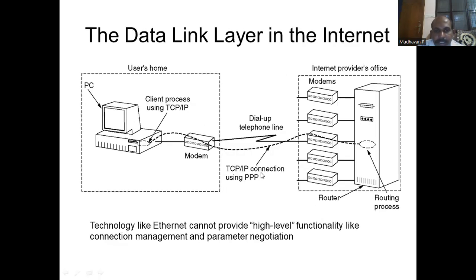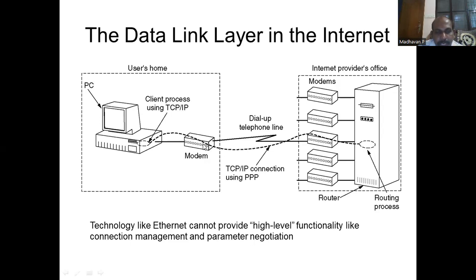Now, this architecture shows how the triple P protocol is used. The left part is the home network, the right side is the remote computers or remote office. Here the client uses different application processes, making use of TCP/IP. And we use a modem for modulating and demodulating the data.